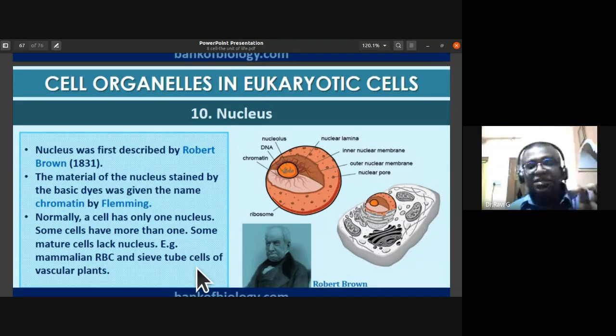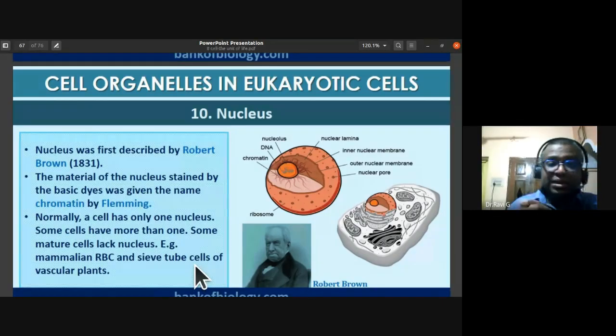These are the things you have to remember about the introduction of the nucleus. The nucleus was first described by Robert Brown. The material stained by alkaline or basic dye was named chromatin by Fleming.